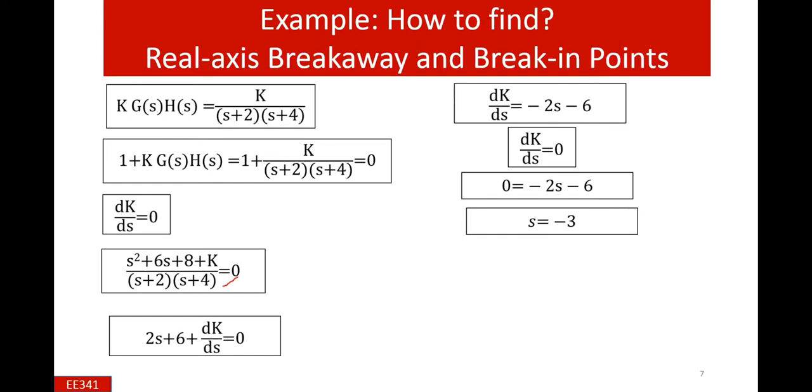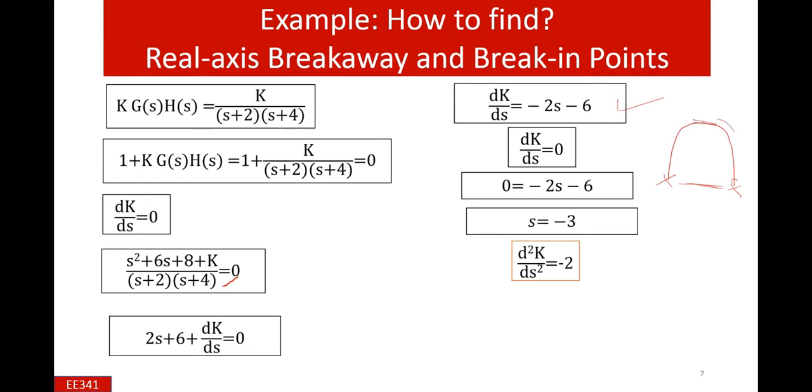We can verify by taking the second derivative of these equations, and we find that the second derivative is negative. This breakaway point is between the two open loop poles, so this is the maximum point.